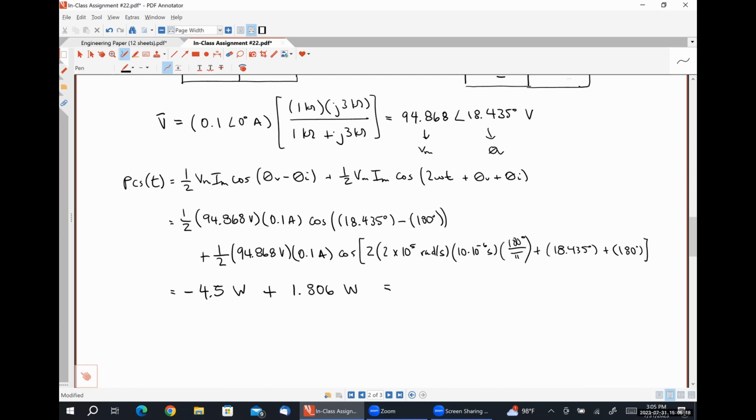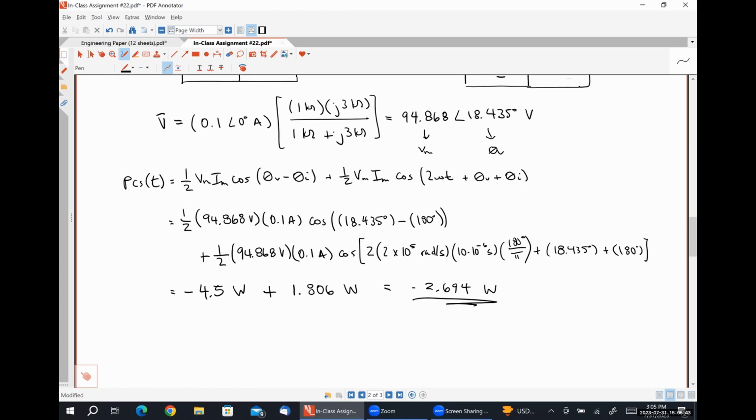Add those together. Negative 2.6946938 watts, which agrees with what the solution should be.